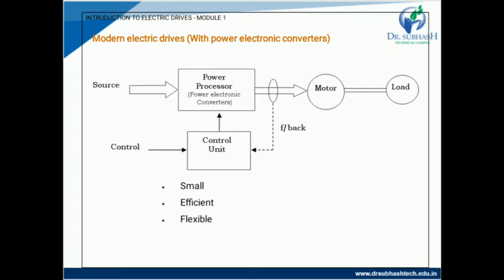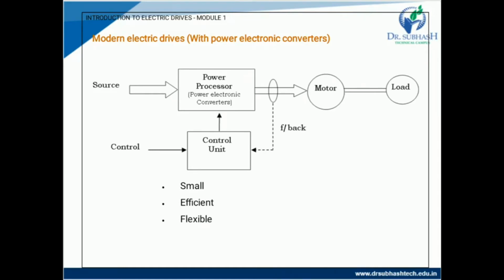Feedback is provided between the power processor, or power electronics converter, and the motor. The feedback is given to the control unit, and the control unit can decide whatever change we have to make. This change is given directly to the power electronics converter. So the source is directly applied to the power electronics converter, then there is feedback and feedback control.